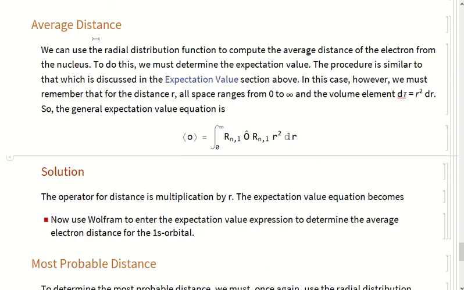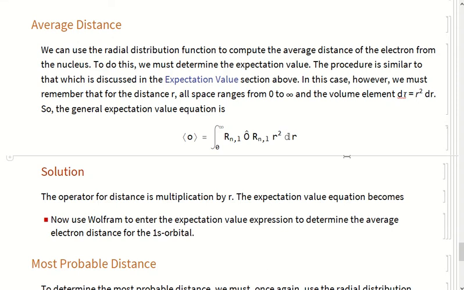In this case, if we're talking about average distance, what we need to know is what's the operator corresponding to distance. And the operator for distance is just very simply multiplication by r. So all we're going to do here is replace the operator with r, meaning we're going to multiply everything by an additional r value within this integral.